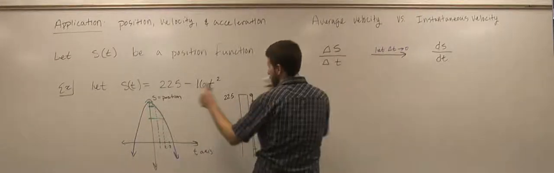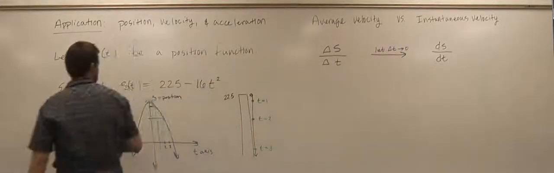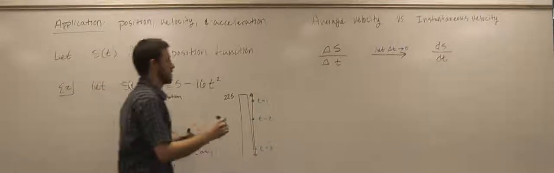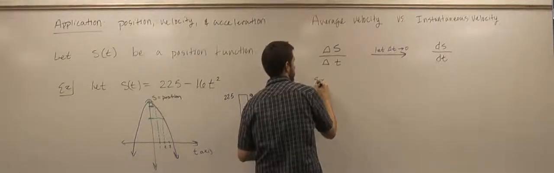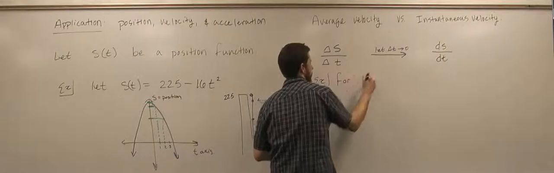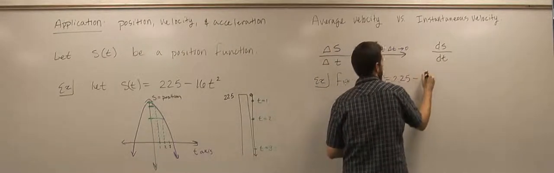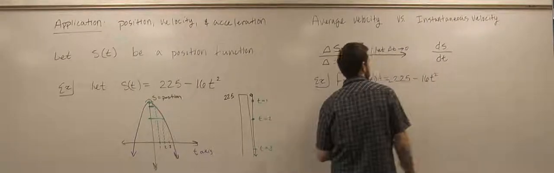So let me give you an example with this function here. So I guess we'll call this s of t equals 225 minus 16t squared.